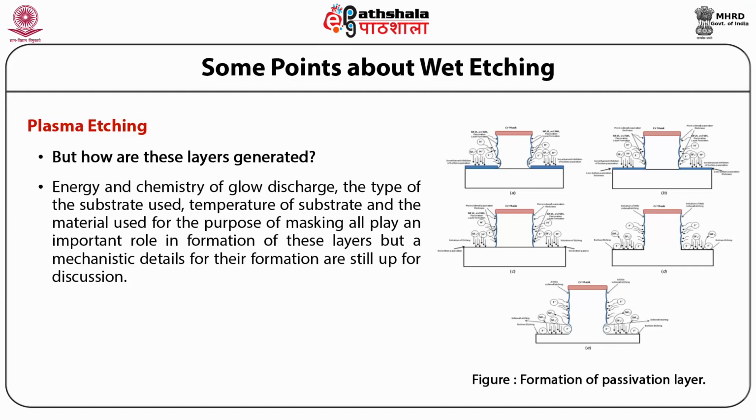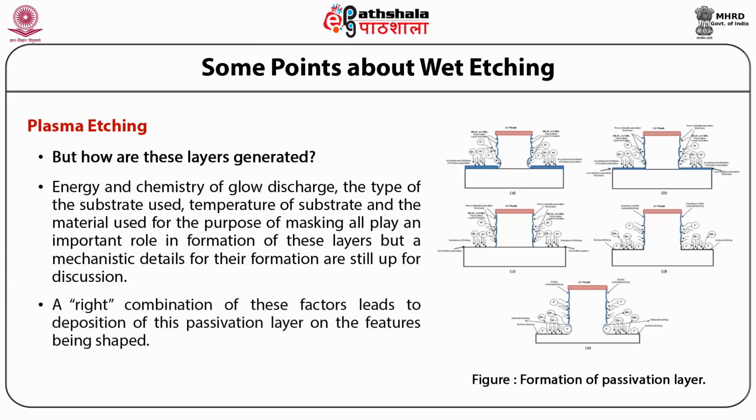But details for their formation are still up for discussion. A right combination of these factors leads to deposition of this passivation layer on the features being shaped. The thickness of these layers can vary from 0.1 micron to a few microns.